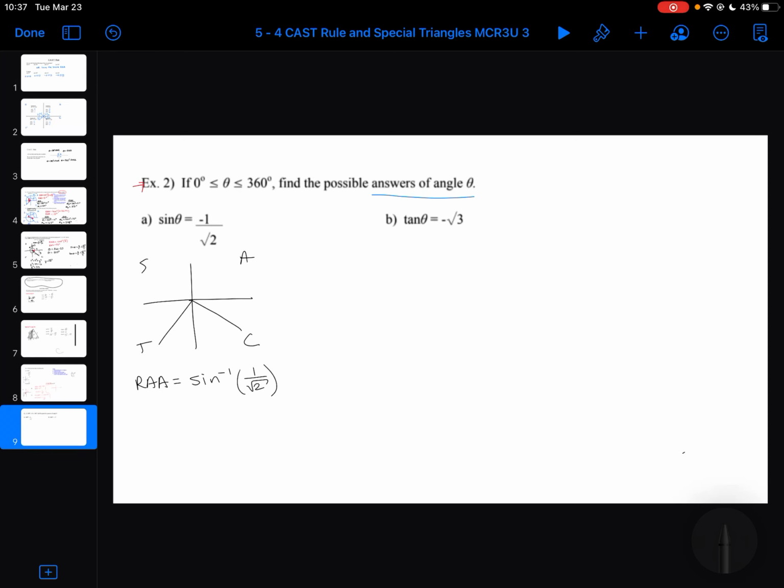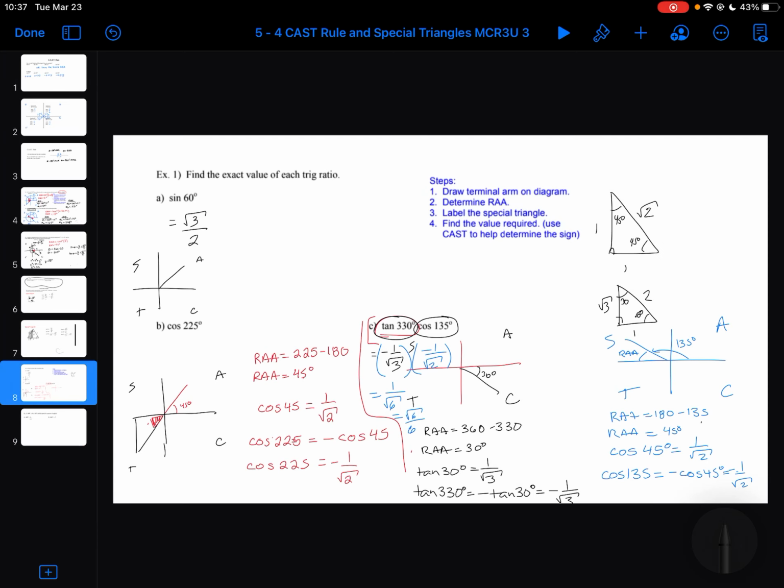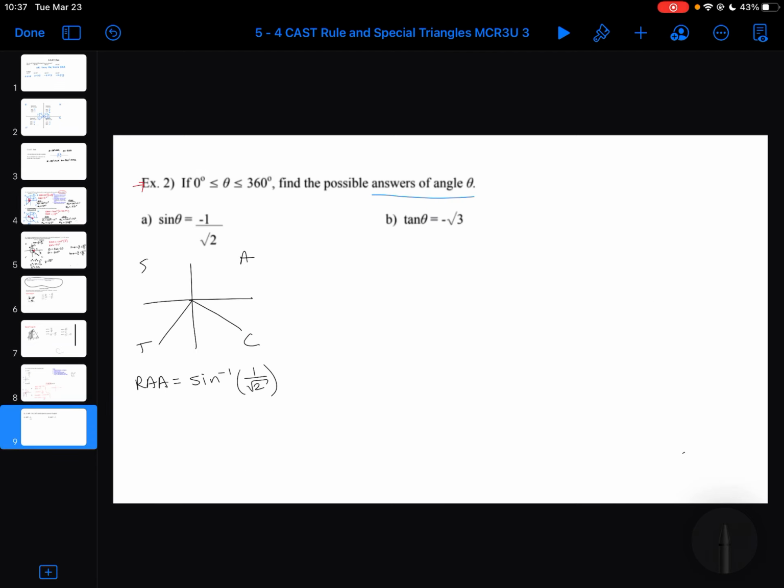Now, going back to my triangle here, I know that the sine of 45 degrees is 1 over root 2, which means that my related acute angle here has to be 45 degrees. That means I've got 45 degrees here and 45 degrees here, which is going to allow me to find my two possible principal angles.